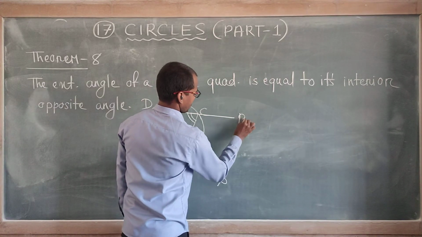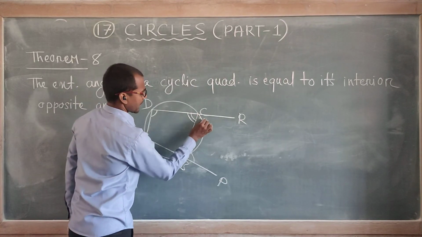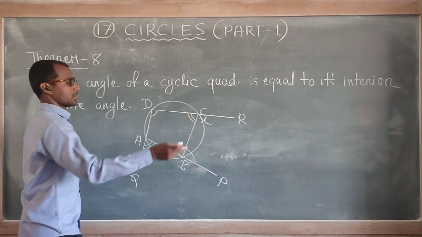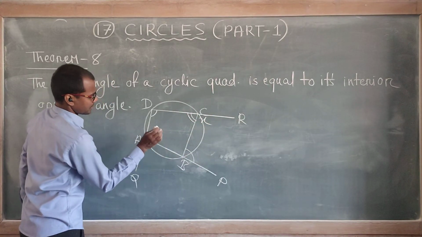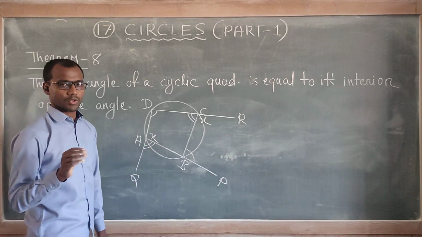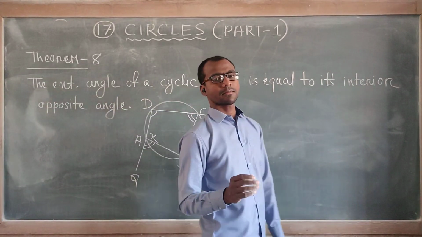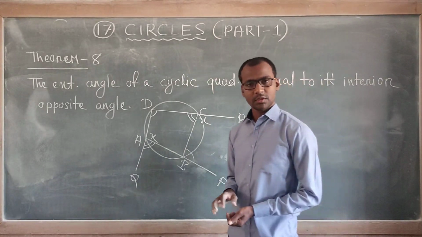Suppose this is R. Now this is the exterior angle. Suppose this is X. This will be equal to its interior opposite angle, that is this angle. This is also X. So this is called the exterior angle property of a cyclic quadrilateral. The exterior angle of a cyclic quadrilateral is equal to its interior opposite angle.